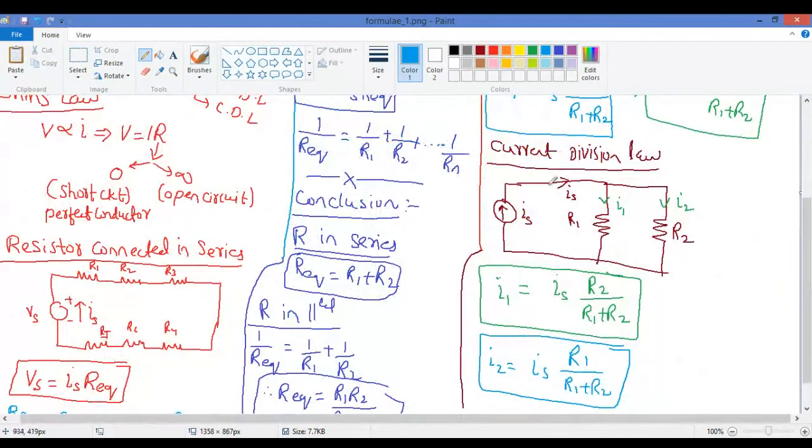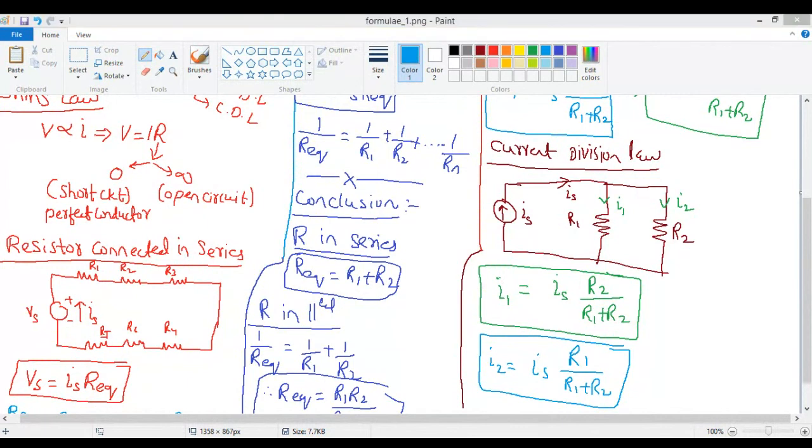Then the fifth formula is the current division law: I1 is equal to Is into R2 by R1 plus R2, and I2 is equal to Is into R1 by R1 plus R2. These are the formulas we are going to use in our sheet 2. Hope it's clear up to here. Shall we proceed to solve the problems now?